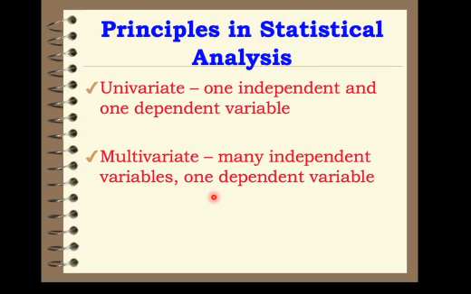So again, a univariate analysis is looking at one independent and one dependent variable in the relationship without considering other variables that can affect the relationship. And multivariate analysis looks into many independent variables and one dependent variable.